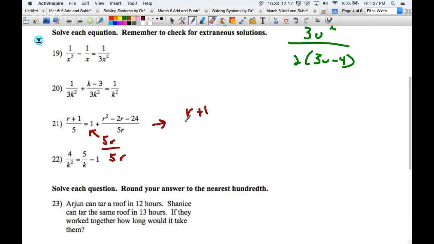r plus 1 over 5 equals, now that I can add them together, I'll combine the 5r and this negative 2r to get a 3r, so r squared plus 3r minus 24 all over 5r. Let's factor this here. We've got 2 numbers that multiply to be 24, but add to be 3.